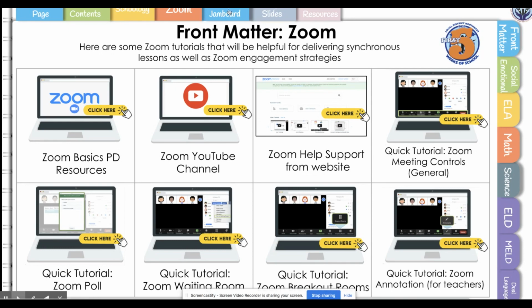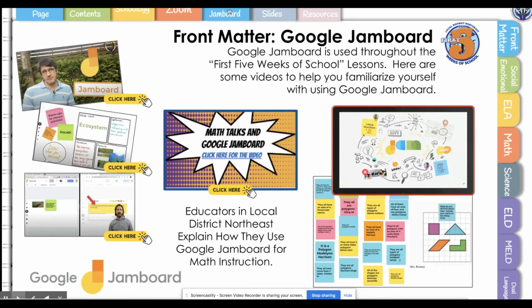You'll also see a page here on Google Jamboard. Google Jamboard is a tool that we have used in a number of lessons throughout the social emotional content, ELA, and math content to support students and teachers with annotating student thinking and keeping track of ideas so that students can engage and follow up with the ideas of one another in conversation and discussion.